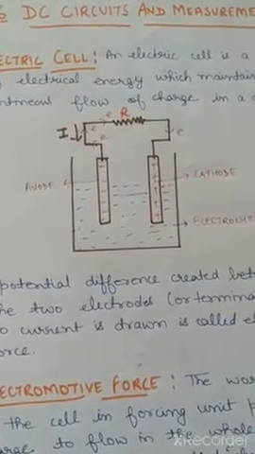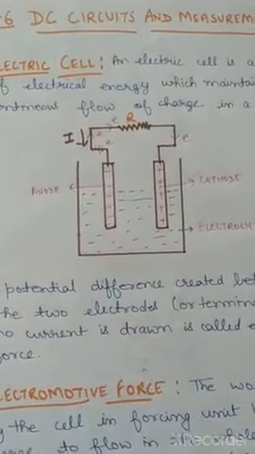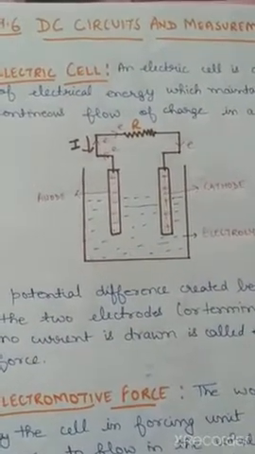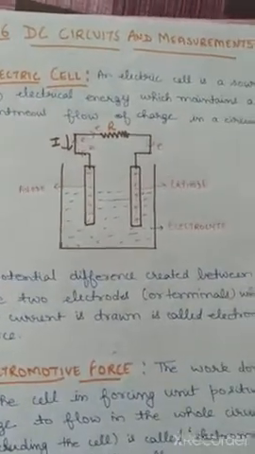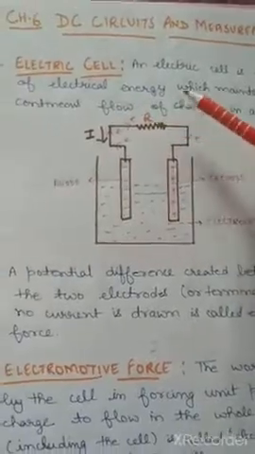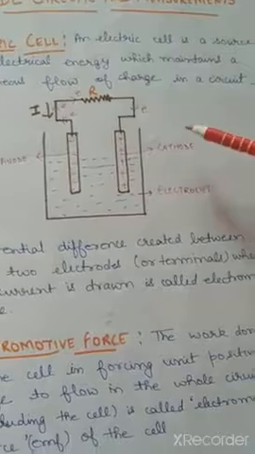That means the electrical energy is converted; if it is a resistor, the electrical energy converts into heat energy. We had discussed this earlier also. So the electric cell is a source of electrical energy which maintains a continuous flow of charge in a circuit.